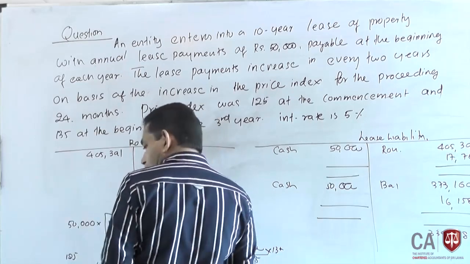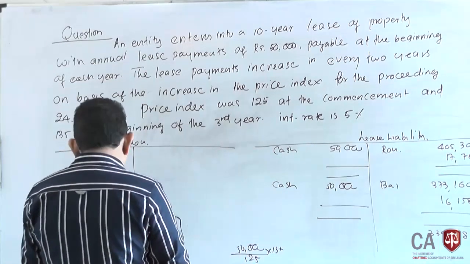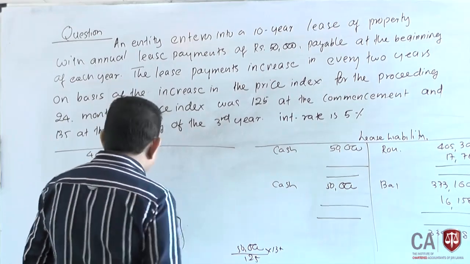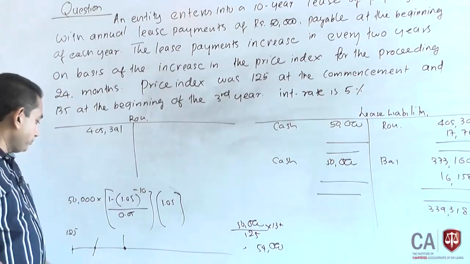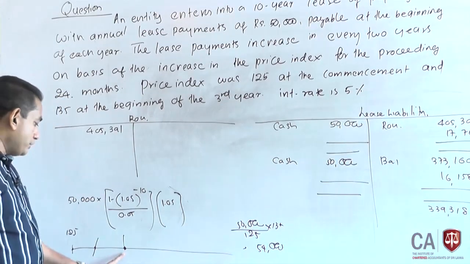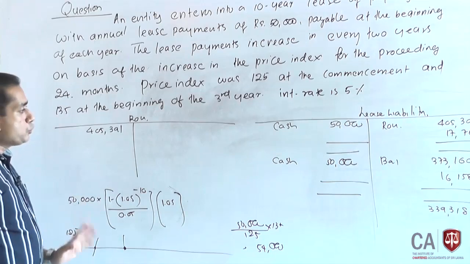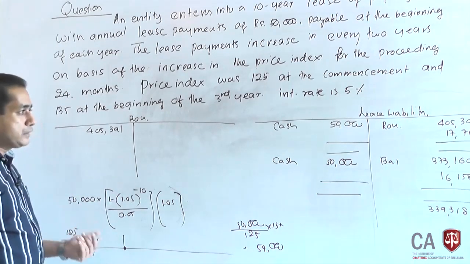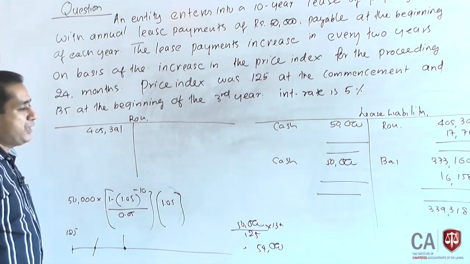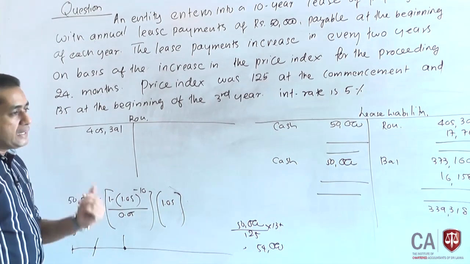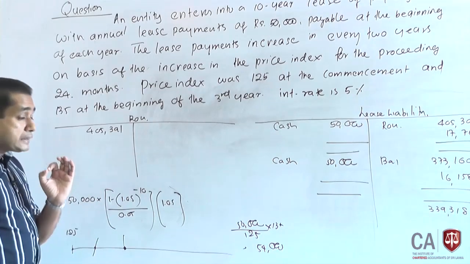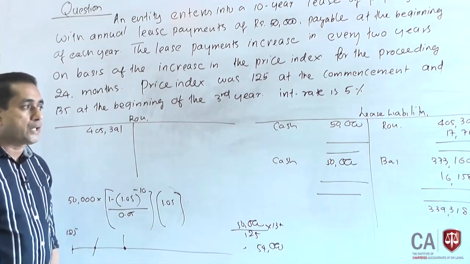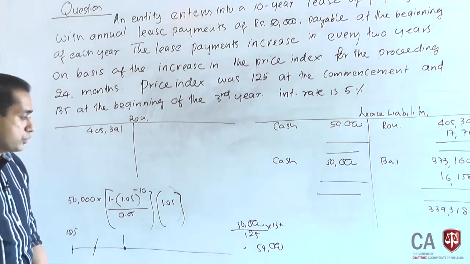Just make sure my figures are correct. 50,000 divided by 125 into 135, 54,000 right now. How many payments are left? Already 2 payments were done and dusted. Out of 10 payments, 2 were done, another 8 payments are remaining. So, you need to rework your lease liability's present value not on the basis of 50,000 rental, but on the basis of 54,000 rentals.